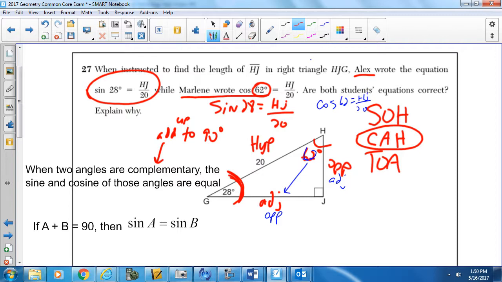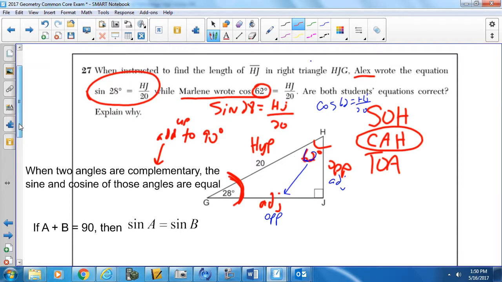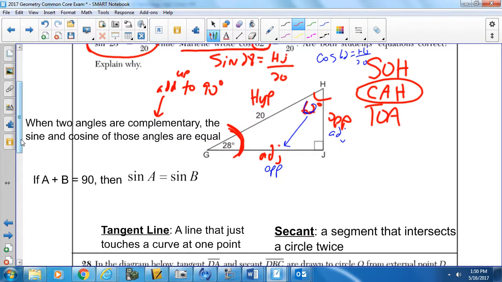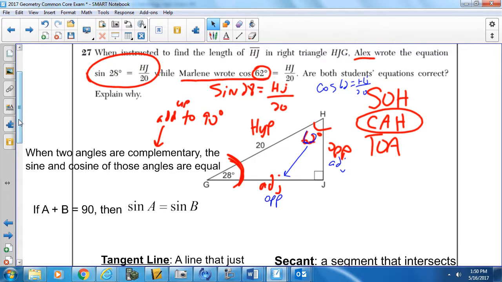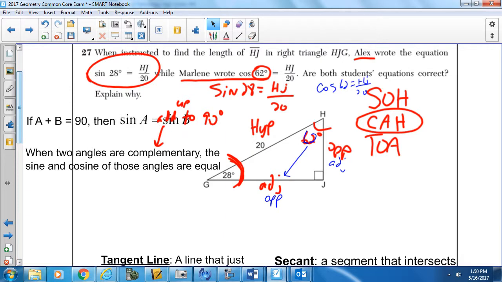And when you know two angles are complementary, the sine and cosine of those angles are equal. So in other words, if A plus B is equal to 90, then sine A is equal to cosine B.